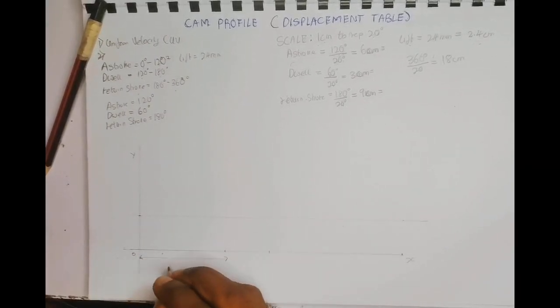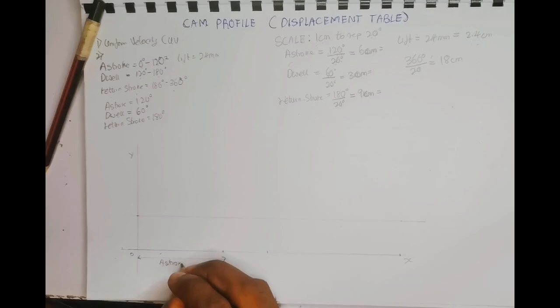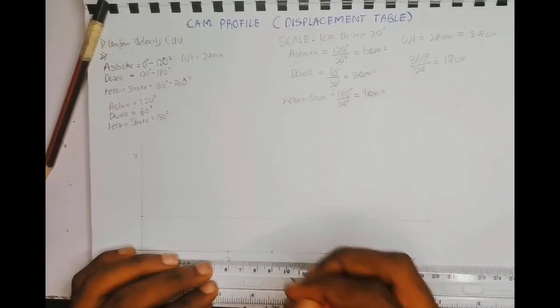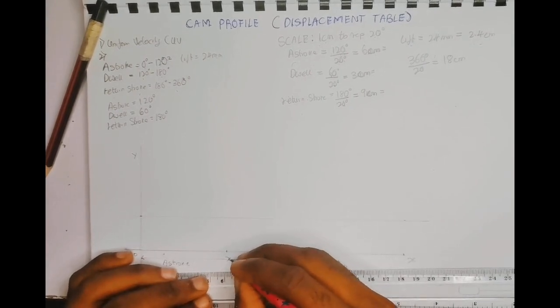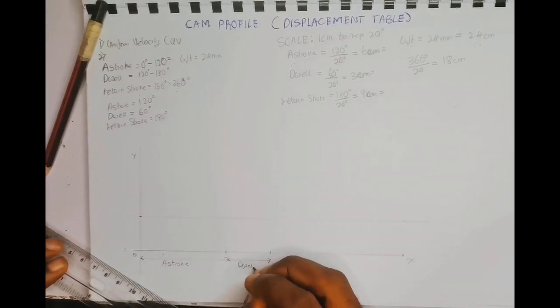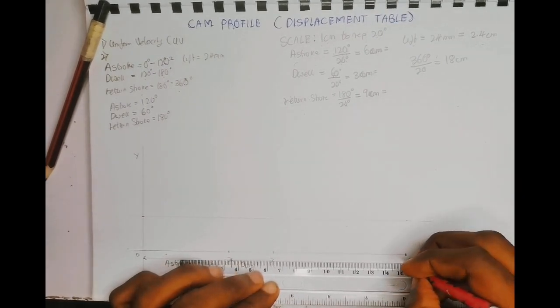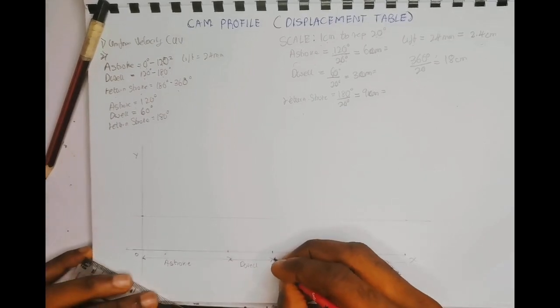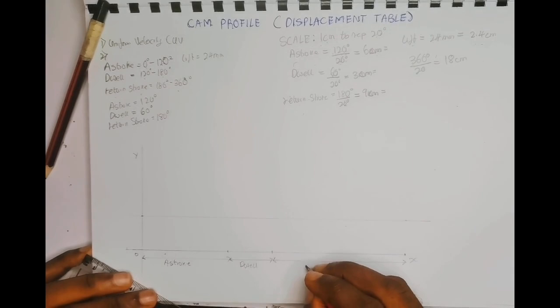From here to this point is the A stroke, this is the dwell, and last, from this to the ending is the return stroke.